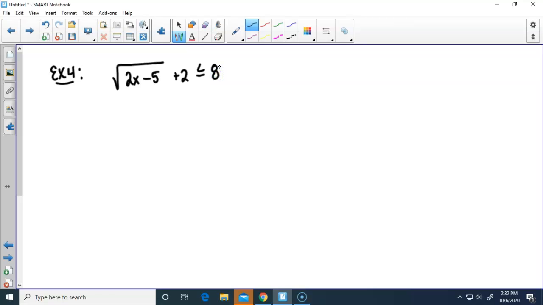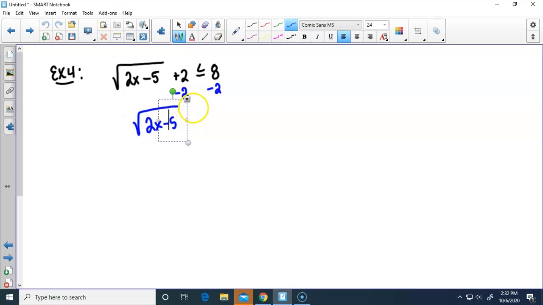And so this one is a little bit different because we've got this plus 2 out here on the outside. Don't panic though, this is not as difficult as the equations that we were dealing with the other day. We can fix this problem right here really simply by just subtracting 2 from both sides, which is going to give us the square root of 2x minus 5 is less than or equal to 6.